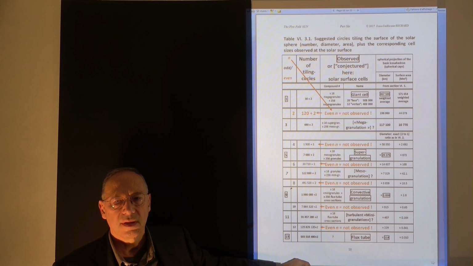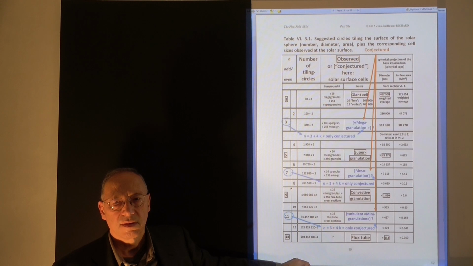Now, is there any systematic correspondence in position for the value of n for accepted cells, the major cells here boxed in the table, and the other cells which are only conjectured? We see that for n equals 3 plus a multiple of 4, we get only conjectured cell scales.